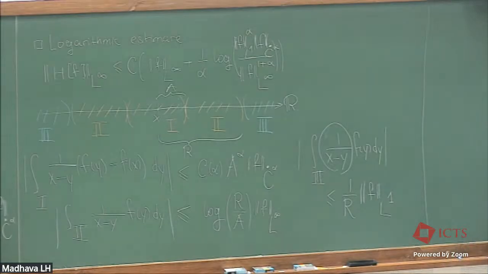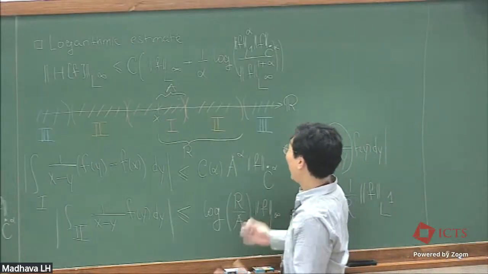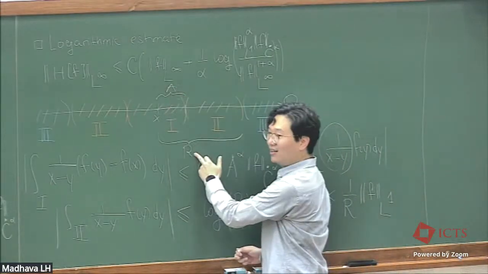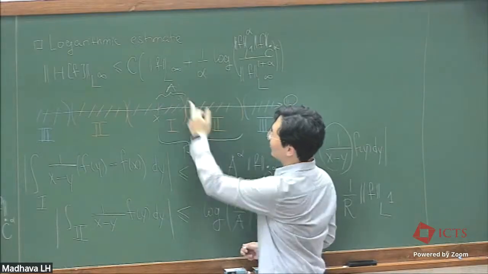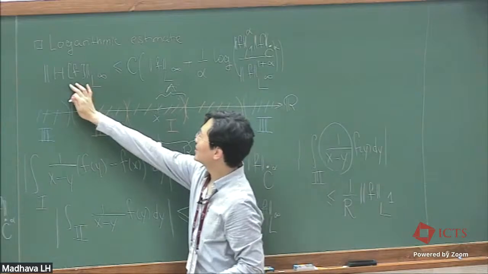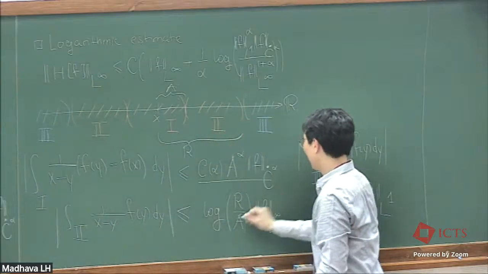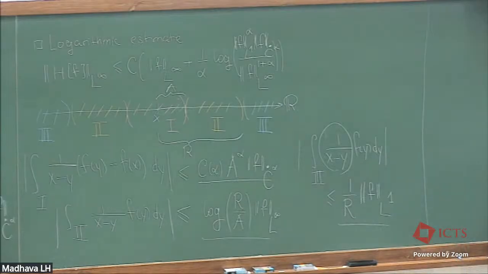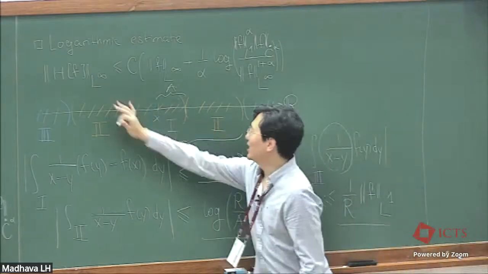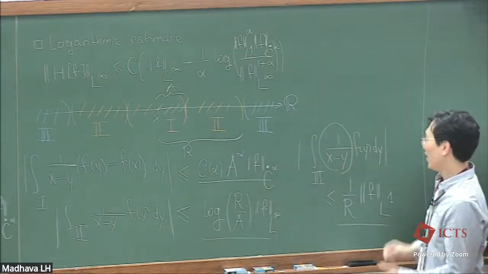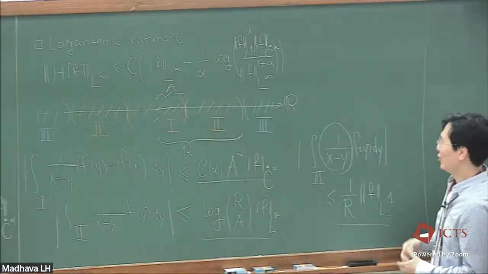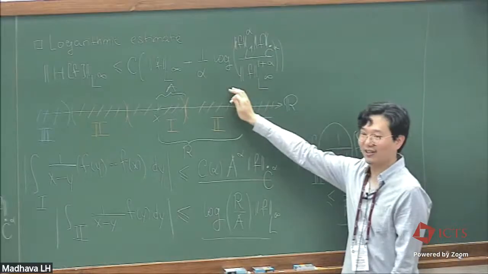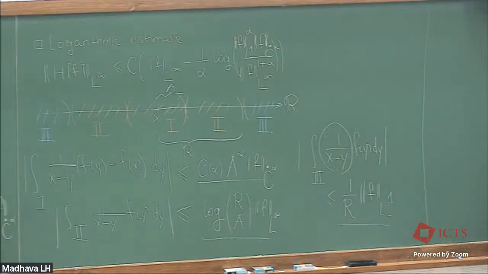So what's the conclusion? The conclusion is that for any A and R, under the assumption that this is greater than A, this maximum is bounded by the sum of these three. Now you pick A and R. Again, the maximum is bounded by the sum of these three for any A and R. You just now pick A and R, and then you get this estimate. Okay, any questions?